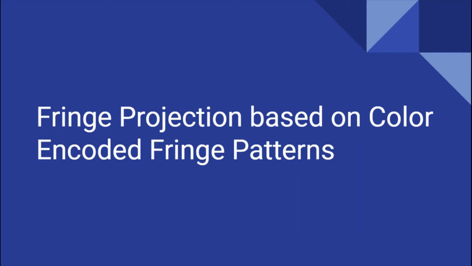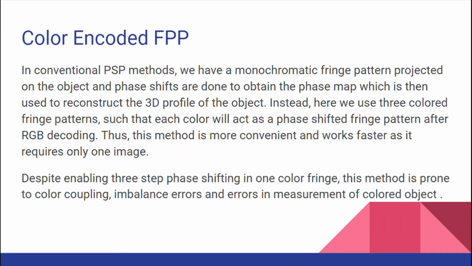Now that I have given you an overview of what fringe projection is, I'd like to extend our discussion to color encoded fringe projection. What was the need for color fringe projection? It arose because we wanted single shot shape measurement techniques which are fast and more robust to moving objects.